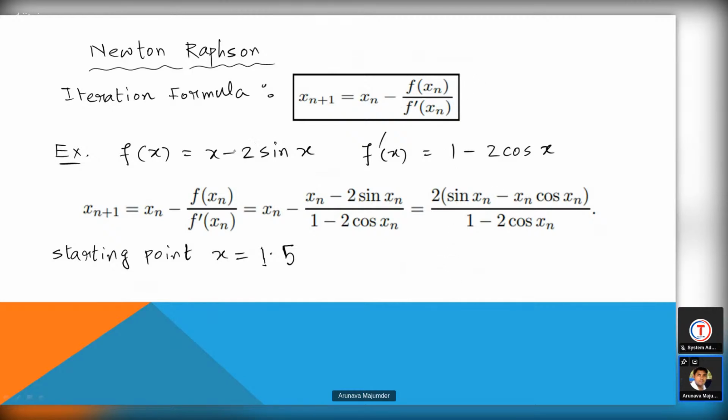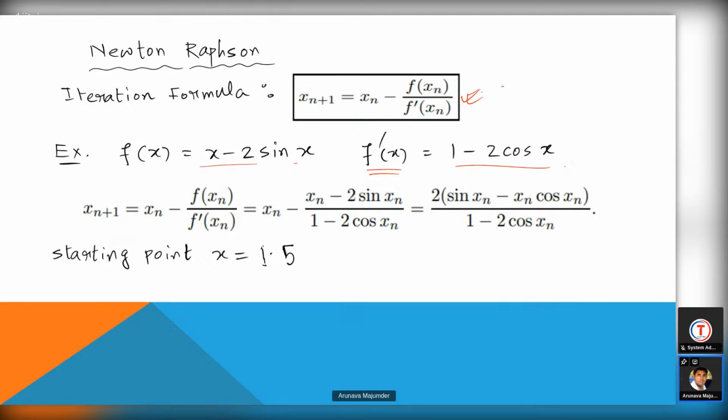So this is the iteration formula. Here what we do is we need the derivative. Whatever function is given, you just take the derivative of this function, 1 minus 2x, and we apply this formula and nothing else.